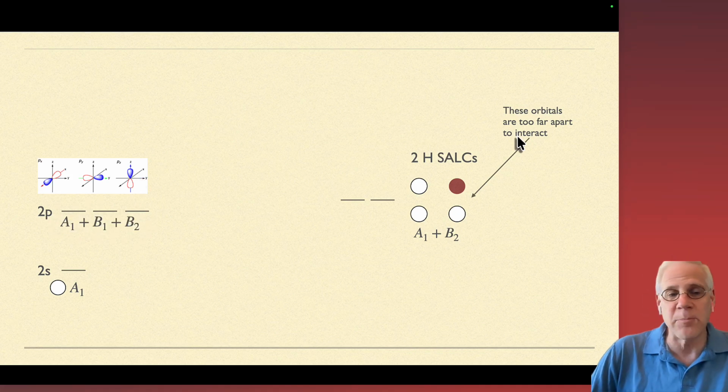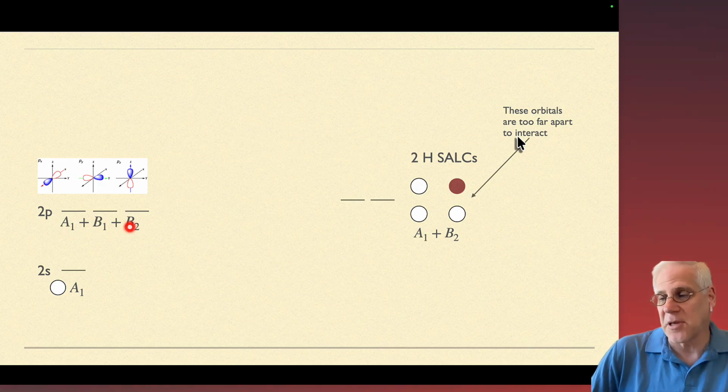They have an A1, a B1, and a B2. We can also just look this up in the character table. Remember, I pointed out that you have those X, Y, and Z labels towards the right-hand side of the character table, and they will tell you what symmetry each of those orbitals has.